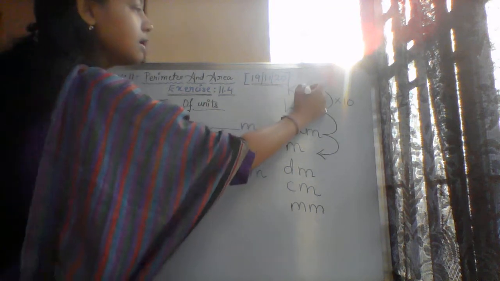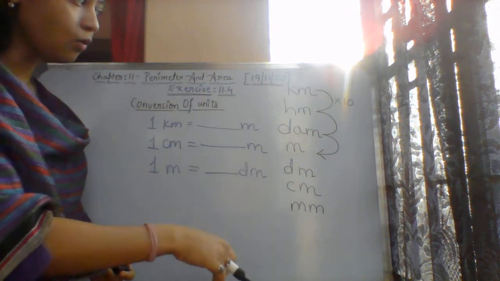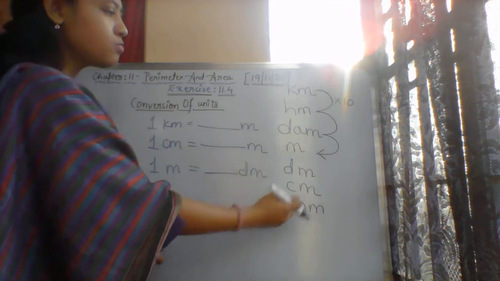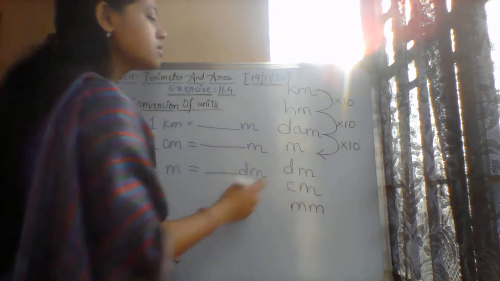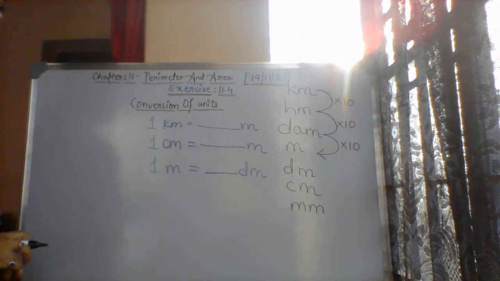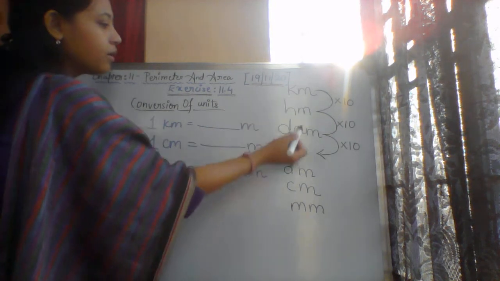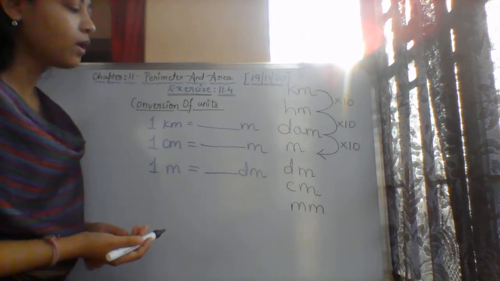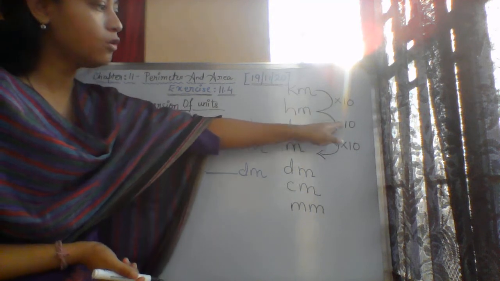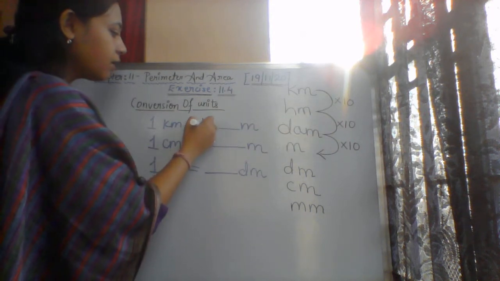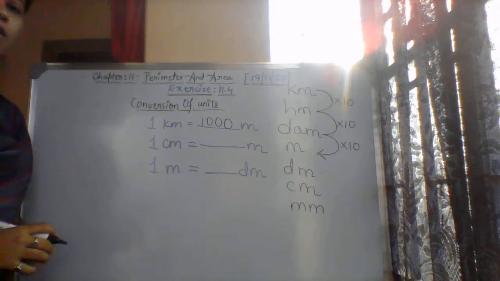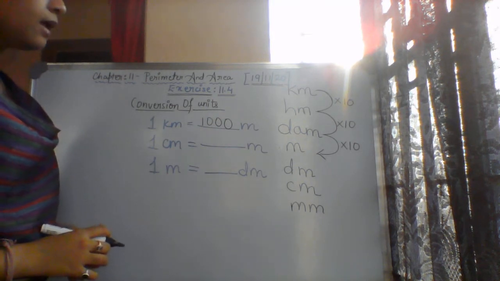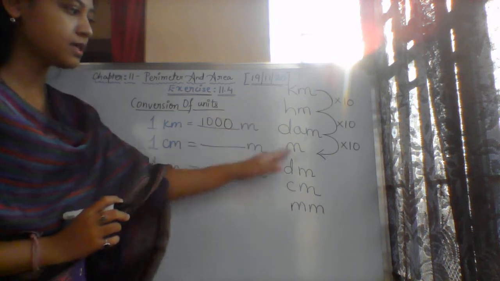So in each step, as we are going down, bigger unit to smaller unit, it is multiplied by 10. Each and every step multiplied by 10. So in going from kilometer to meter, it is 10 into 10 into 10. So 1 kilometer is 1000 meter.